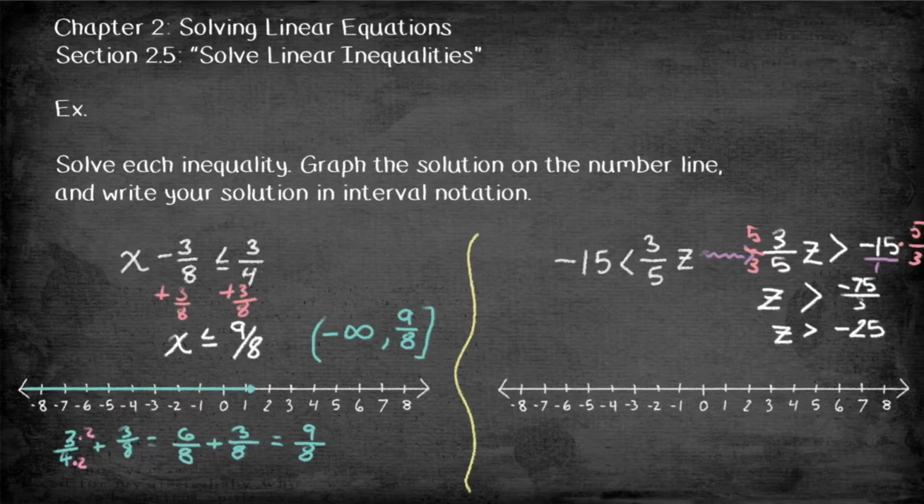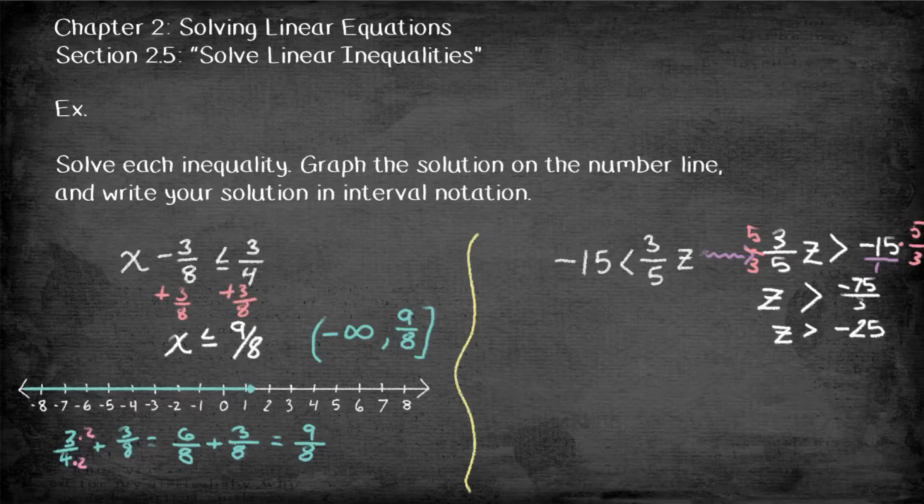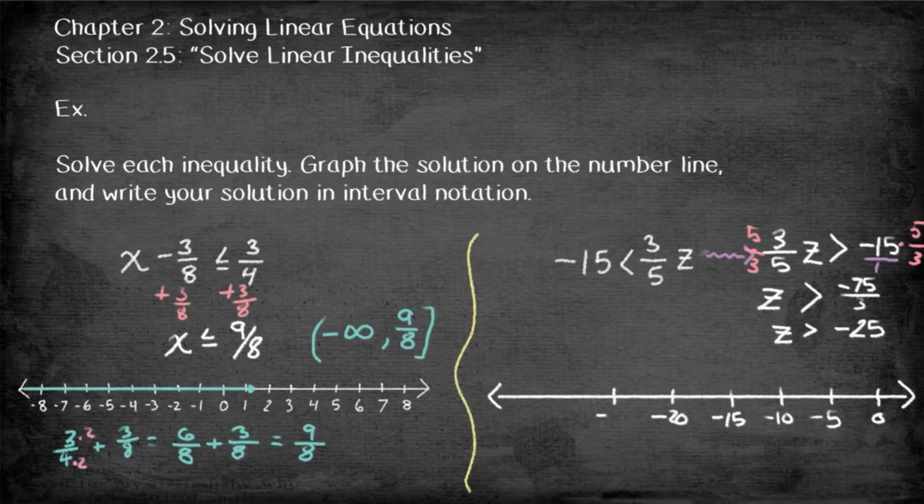Looks like this number line's not going to work. Okay, so I got to draw a new one. Alright, so here's my new number line, and I'm looking at all of the numbers greater than negative 25, so that's everything to the right of negative 25.